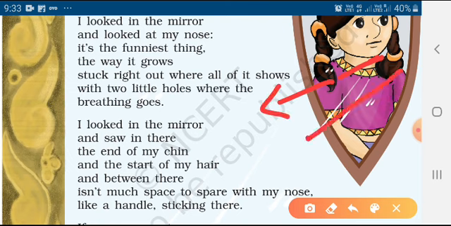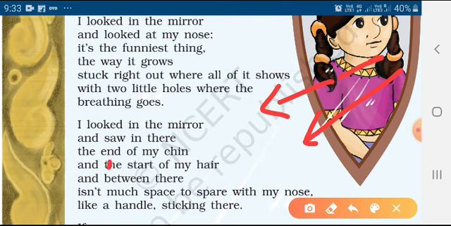It means her hair lock starts here. So she is saying that when my chin ends, it means my face has ended at that place, and she is seeing her hair lock.